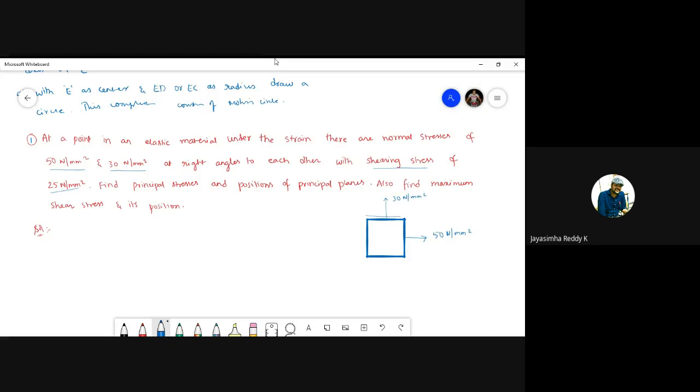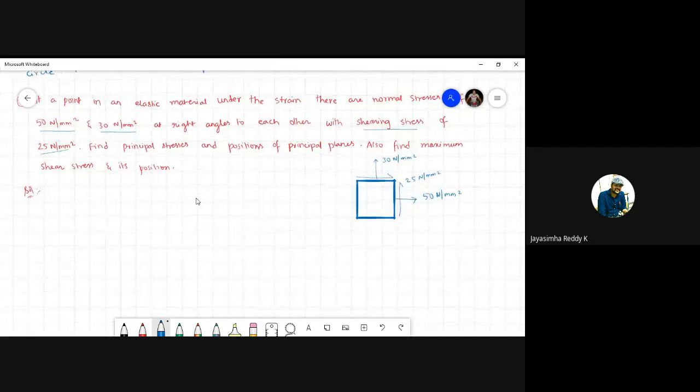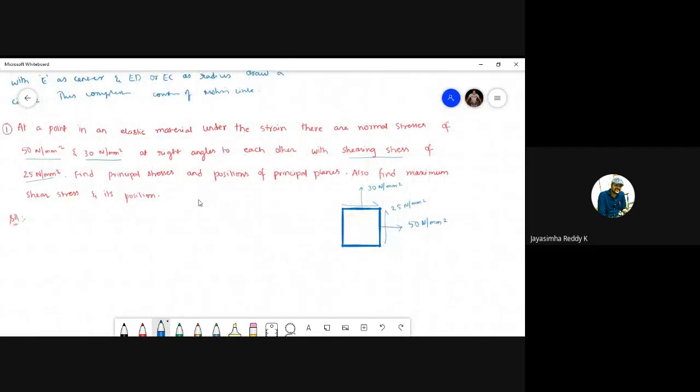Just consider a shear like this over here and a shear like this over here, and this is 25 newtons per mm square. After drawing this, our first step in drawing Mohr circle, all of you please listen carefully, students, is to plot the coordinates first.